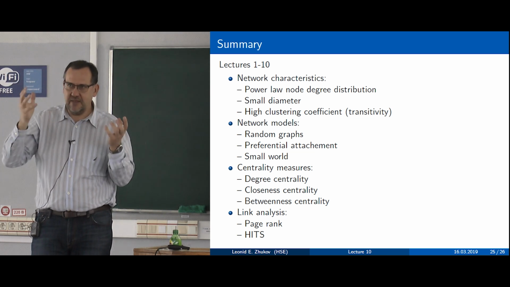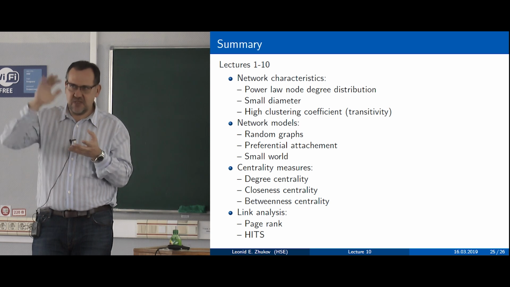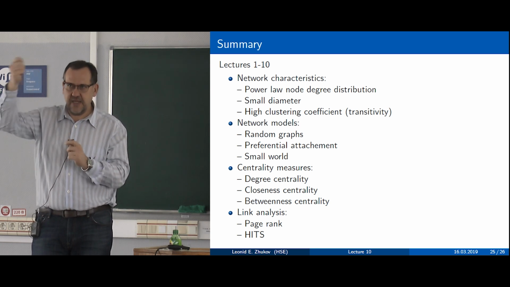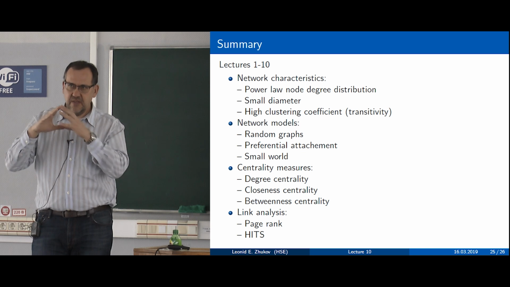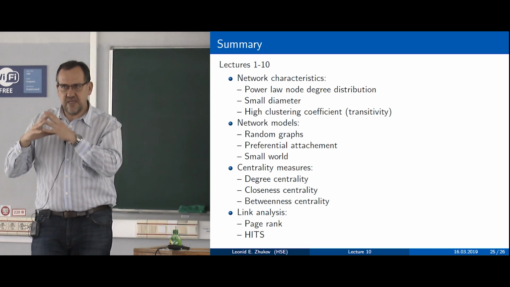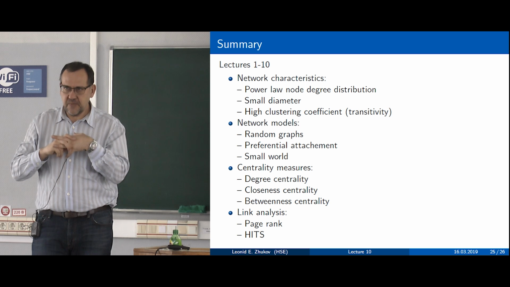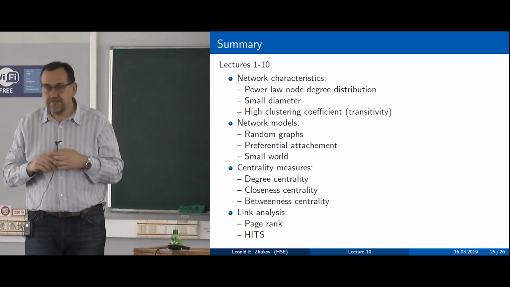So the average path length becomes small because of these long-distance connections, but you still preserve a pretty good density of triangles, right? That's the small world model.